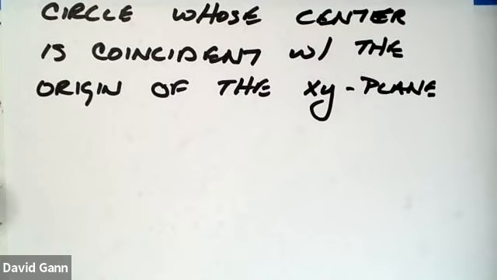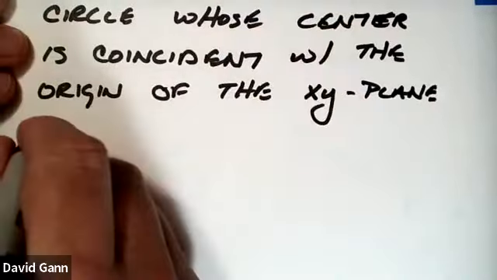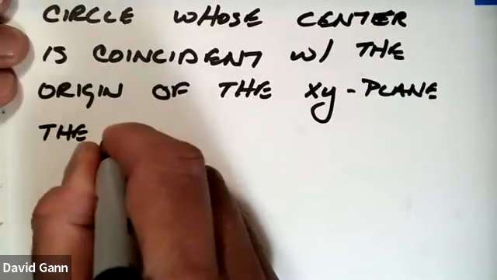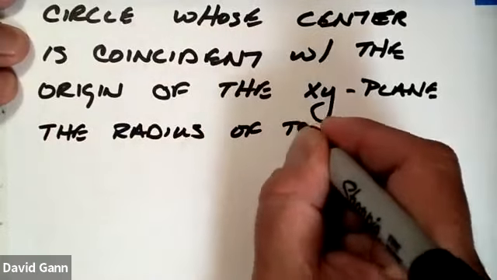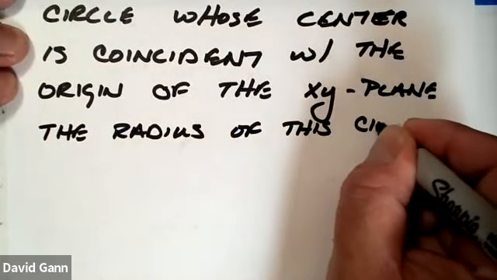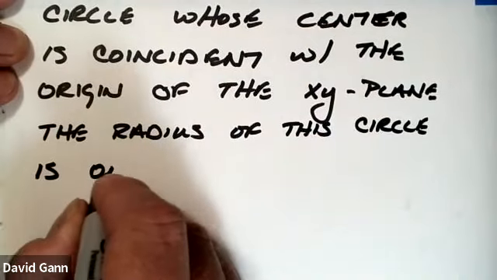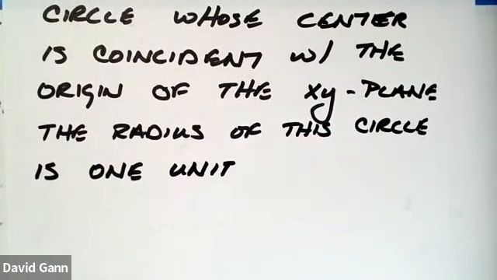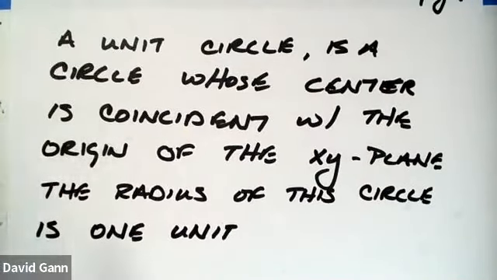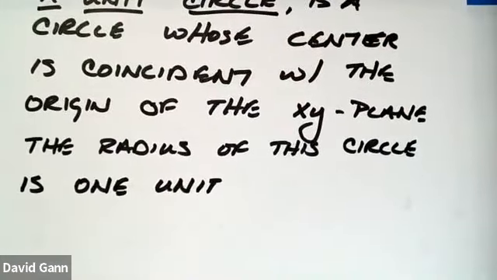I also need to mention the radius of this circle is 1 unit. Now, the unit is not specified. In fact, we don't want a unit. It's really strange to call this a unit circle and then say that it's unitless, which it is.